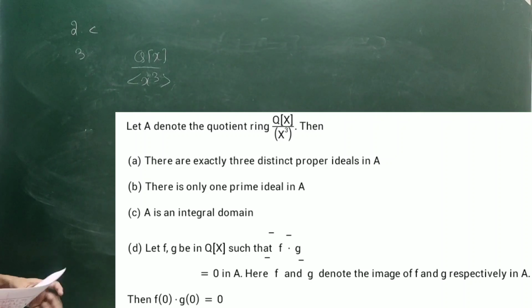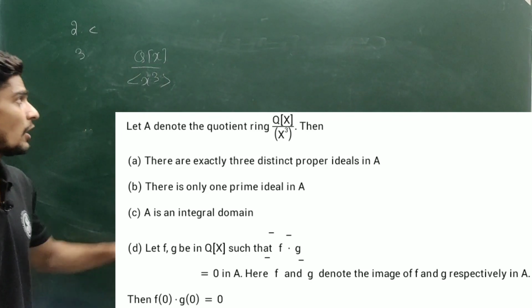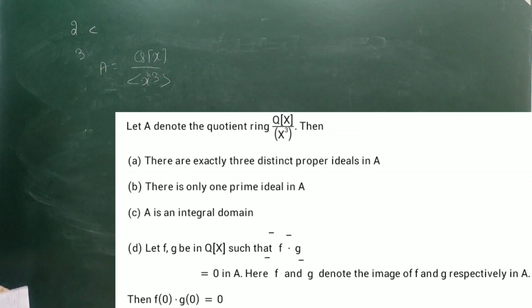Now let us come to option A. There are exactly 3 distinct proper ideals. How can you say anything about these ideals? This ring is a quotient ring, so you should know one thing.